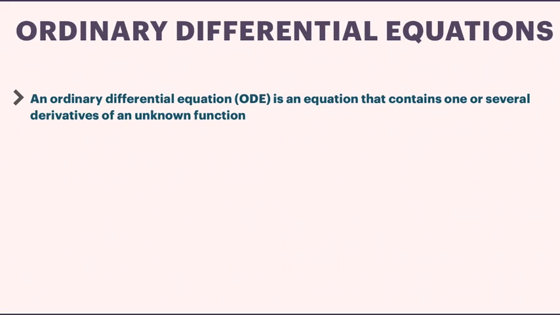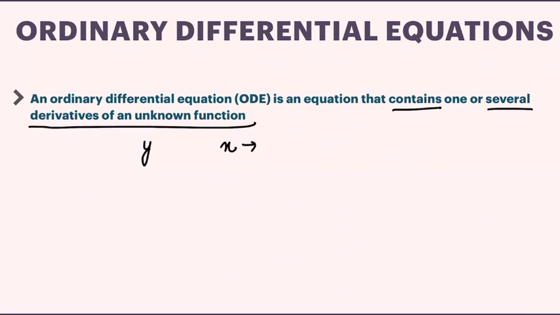Let us look at the formal definition of ordinary differential equations. An ODE is an equation that contains one or several derivatives of an unknown function, where y is an unknown function, and x is the independent variable.